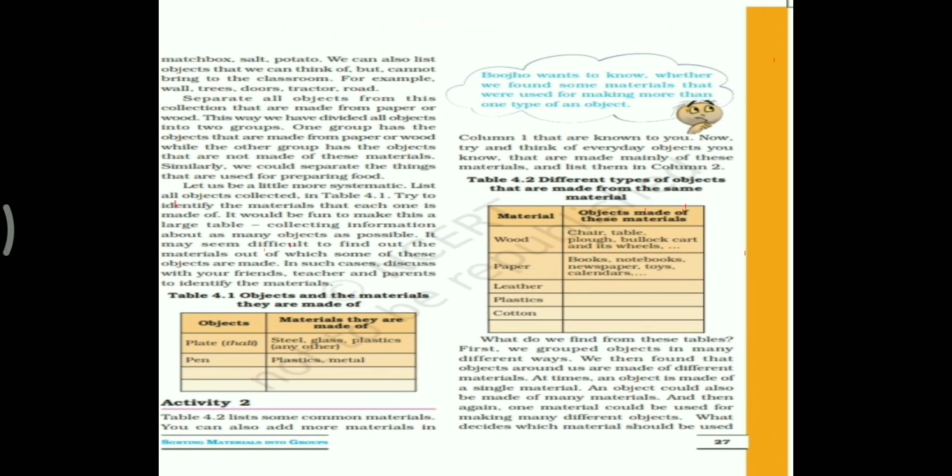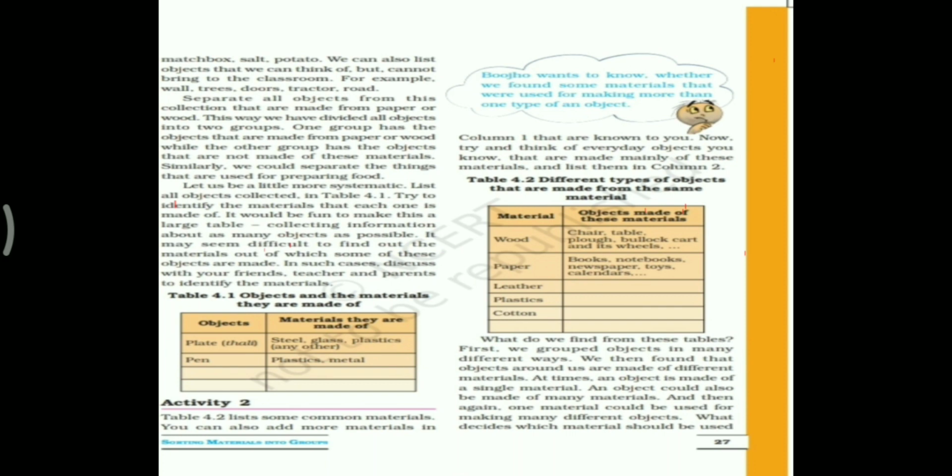So what we have studied today is the objects which surround us, and we are classifying them according to their shape, size and appearance. These things we have discussed in today's class, about the materials and about the sorting, why we are sorting them.